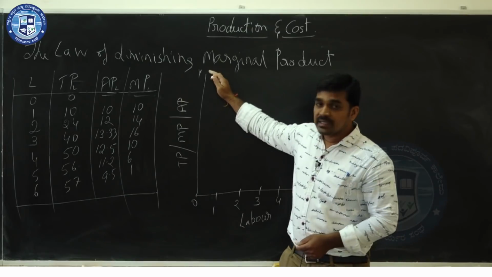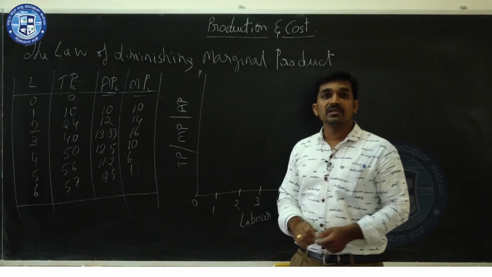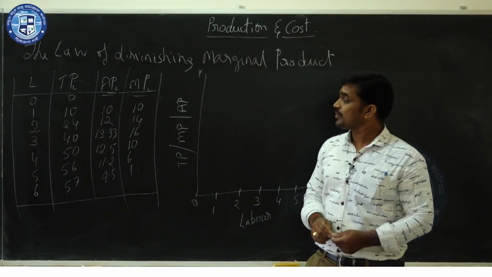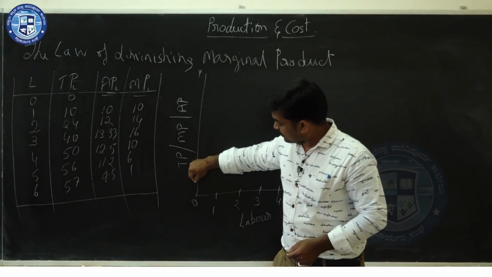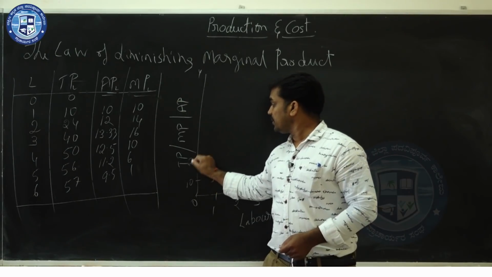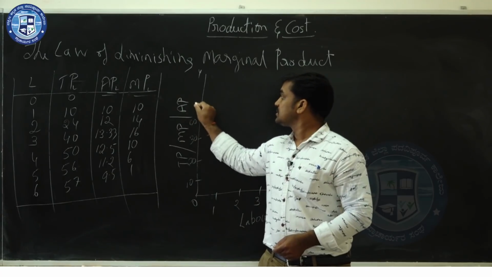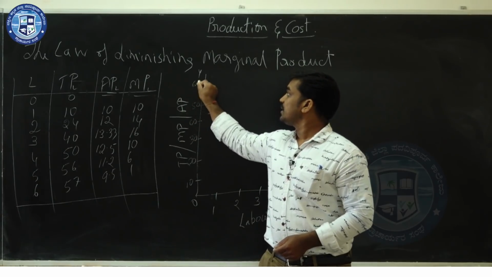This axis indicates units of total product, average product and marginal product. Start with the first: 1 centimeter indicates 10 units, then 20, 30, 40, 50 and 60 units.